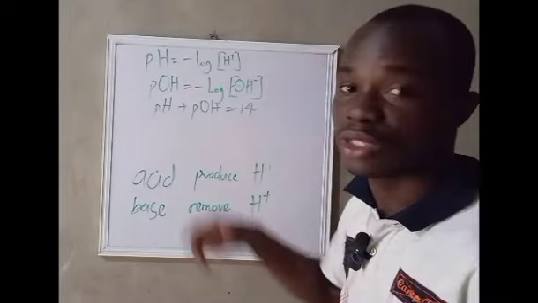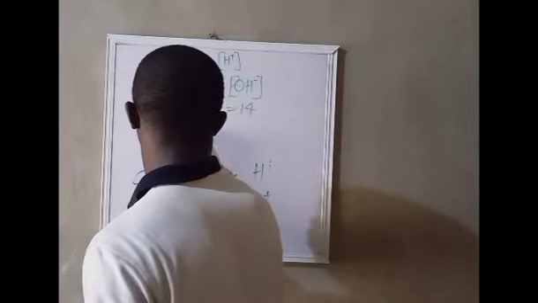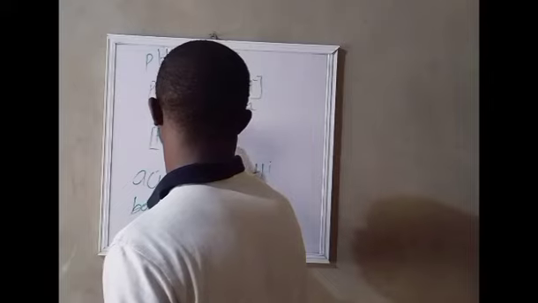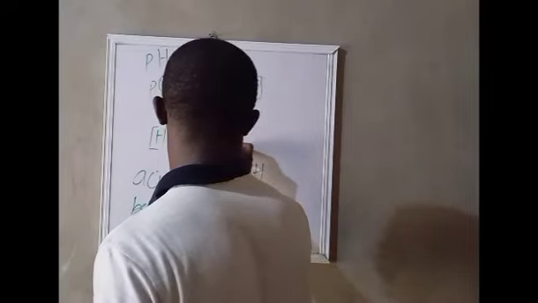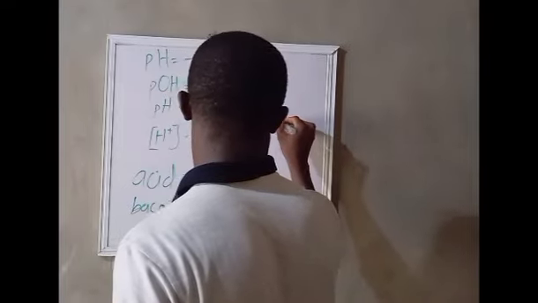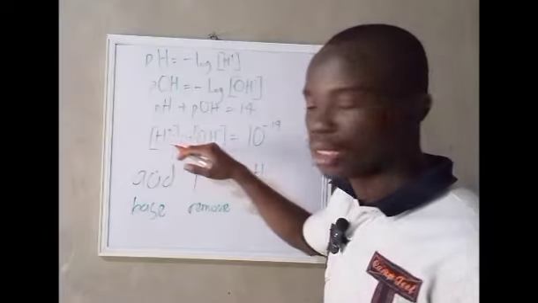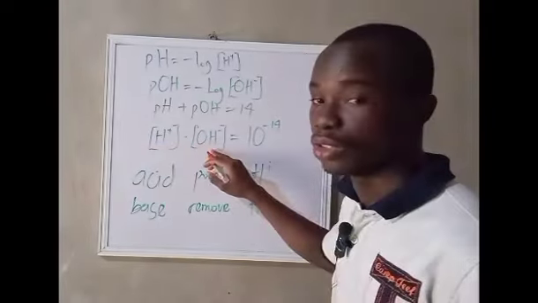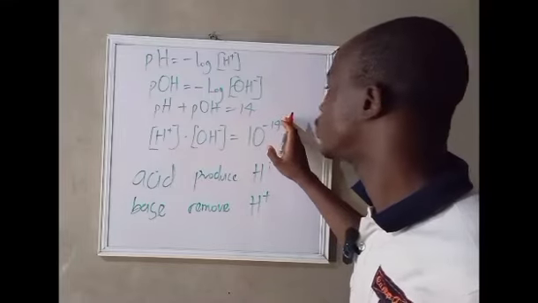Relating this expression, we can also say that the concentration of H plus multiplied by the concentration of OH minus equals 10 raised to power minus 14. So the product of the concentration of these two ions will give us 10 raised to power minus 14.